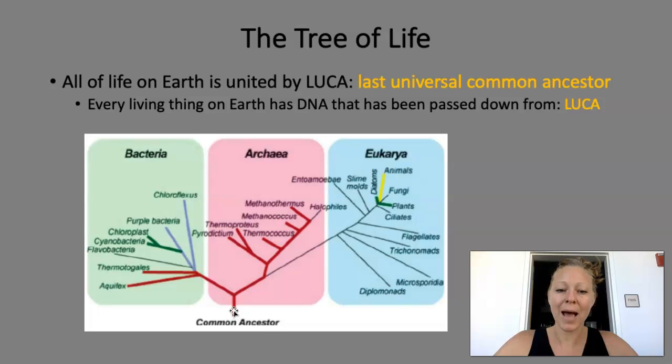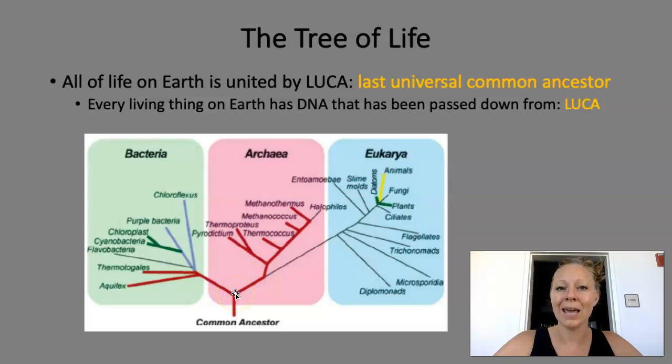As time has passed, the line goes up, and this spot where the lines sort of bisect shows LUCA, the last universal common ancestor. This is an ancestor to everything that's living on Earth.